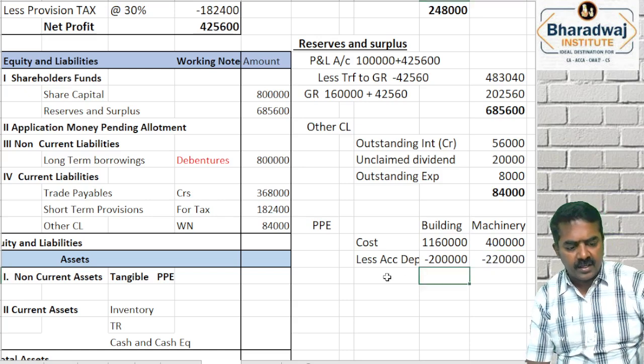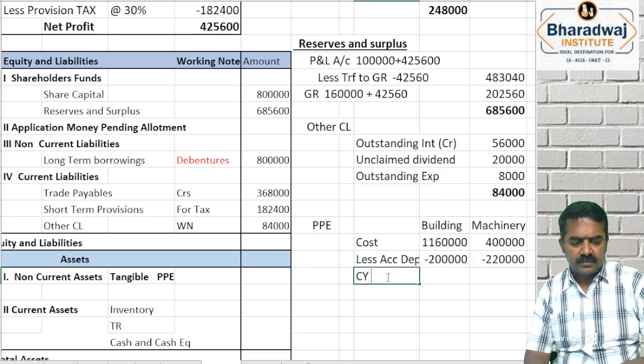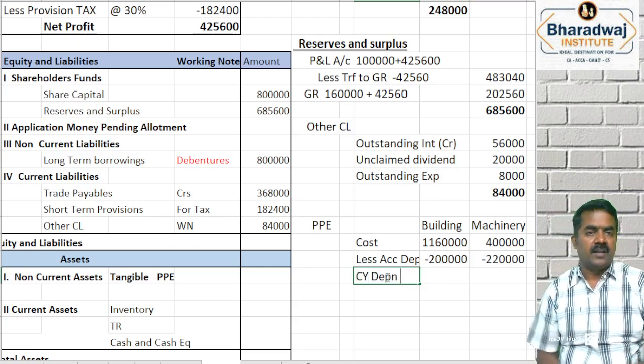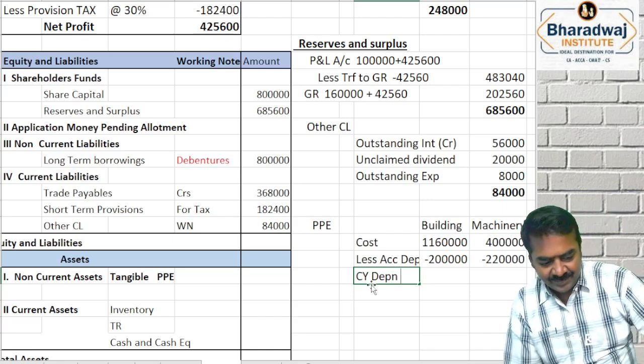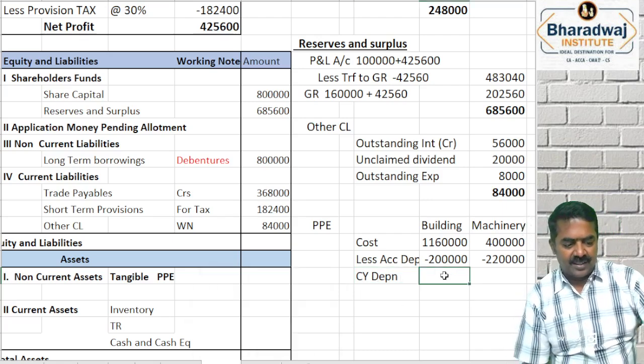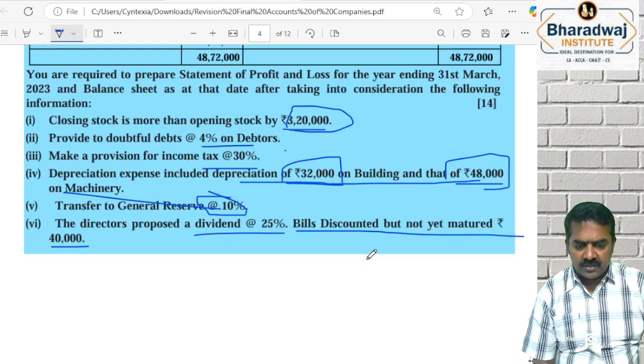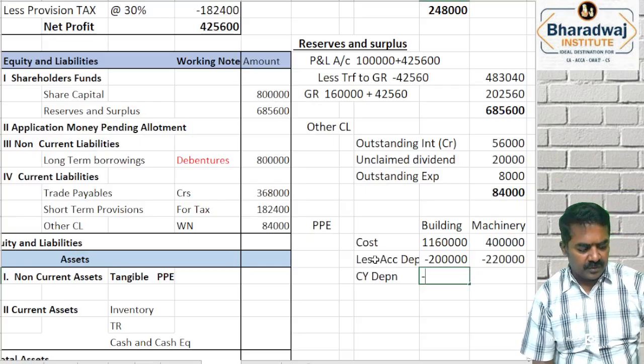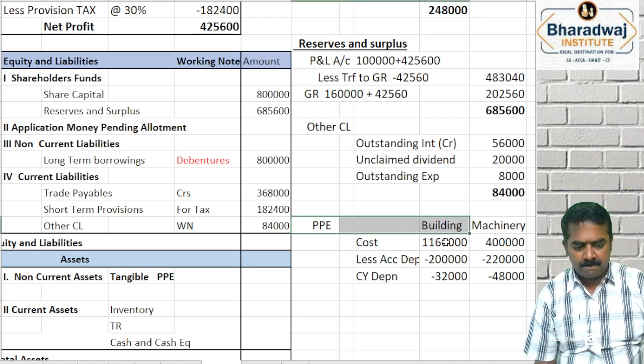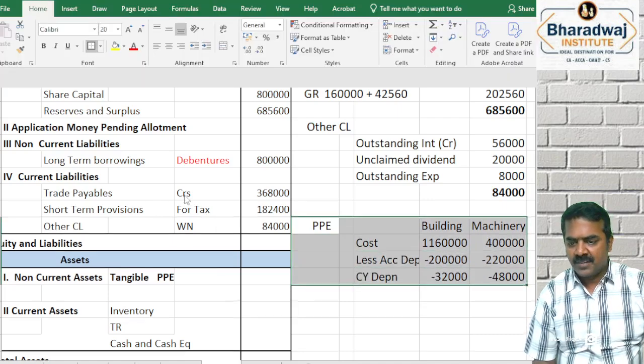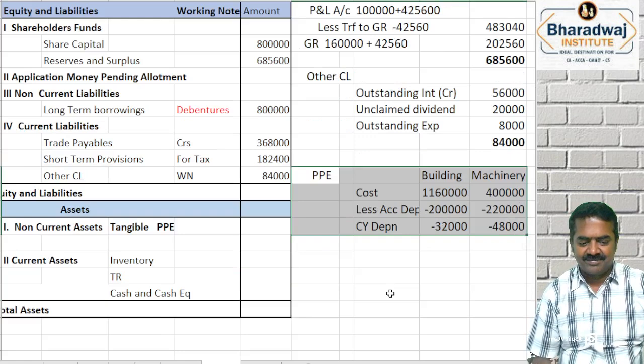Will you deduct current year depreciation? Current year depreciation bifurcation is also given. Adjustment 32,000, 48,000 is given. Will you deduct this? No, sir.